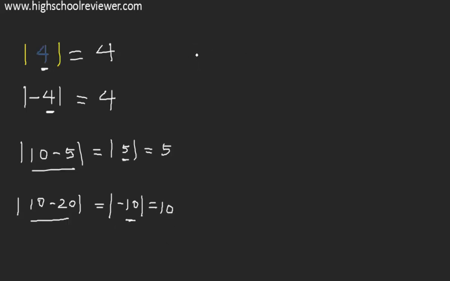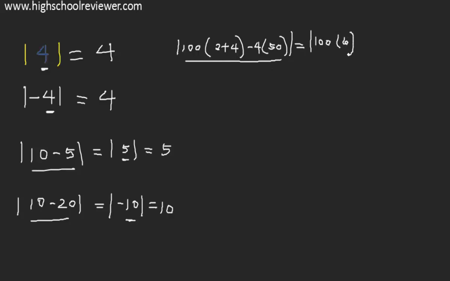Another example, the absolute value of 100 multiplied by 2 plus 4 minus 4 times 50. So perform the operation inside the absolute value. So this will be the absolute value of 100 times 2 plus 4, or 6, minus 4 times 50, that is 200.